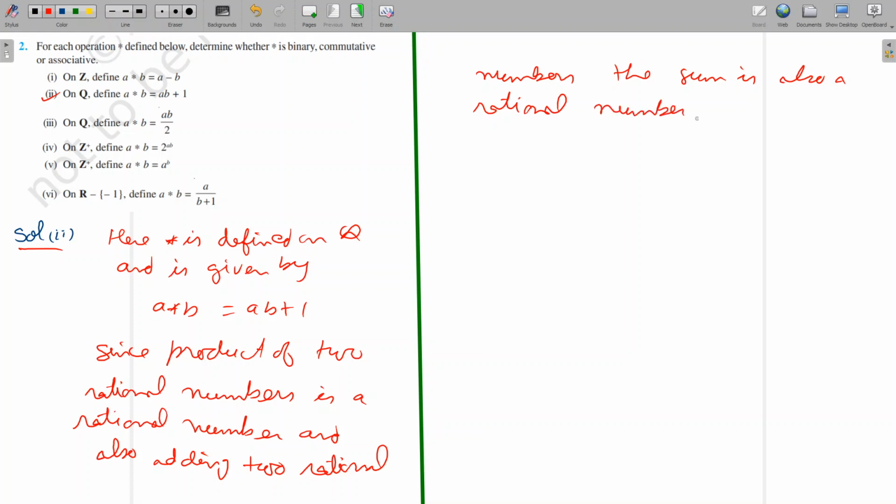Therefore, we can say that AB plus 1 is a rational number.